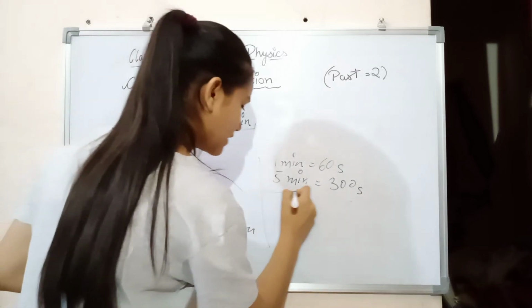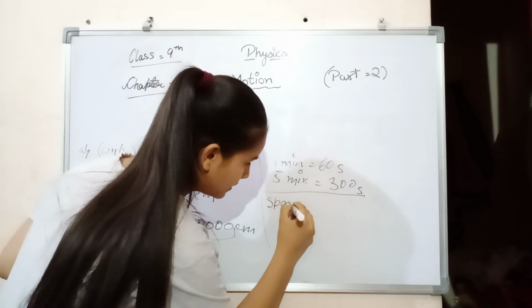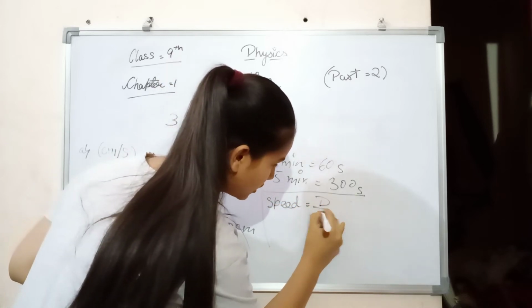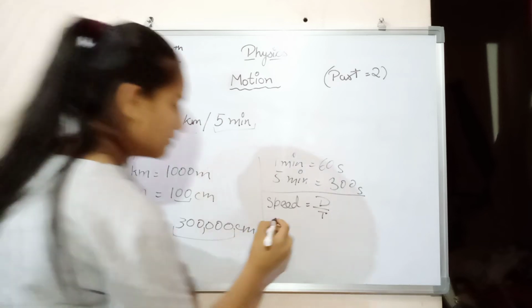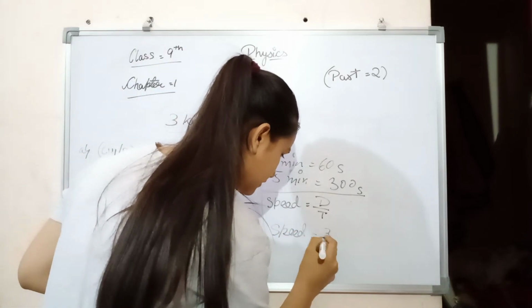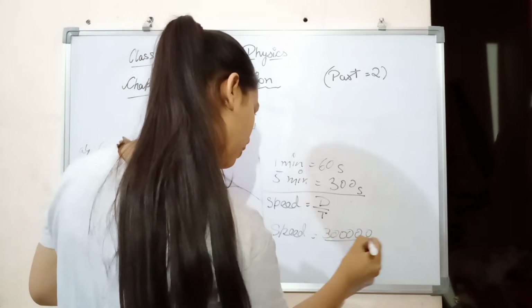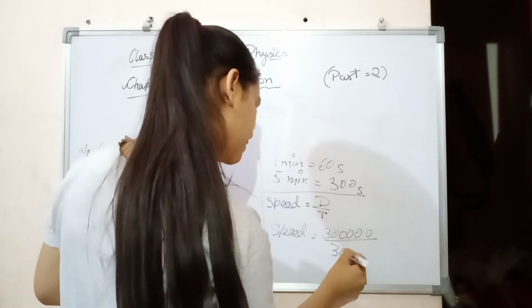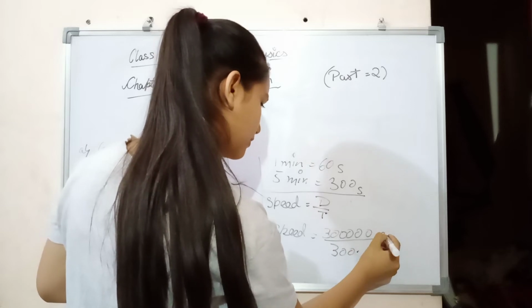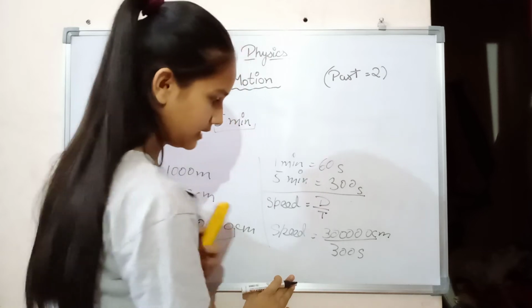Now, as we all know, the formula of speed is distance upon time. So this speed will be 3 lakh upon 300. We will also mention the units like this.